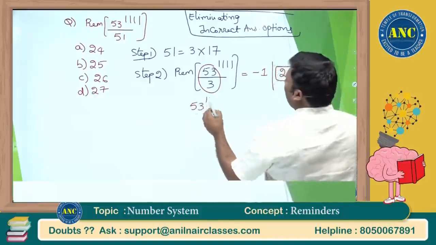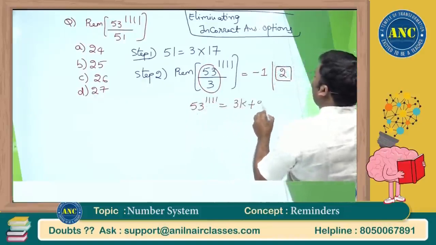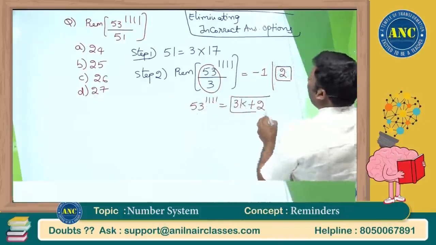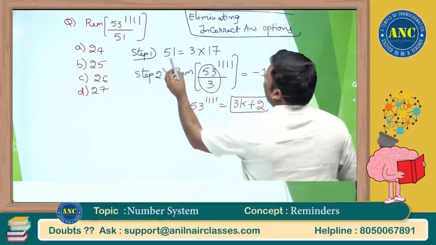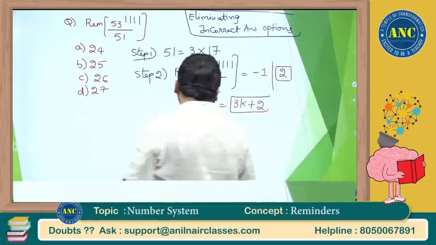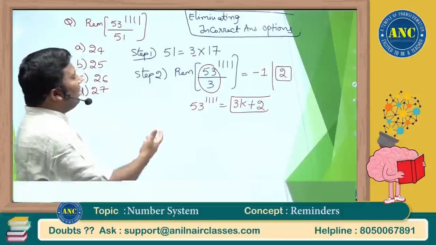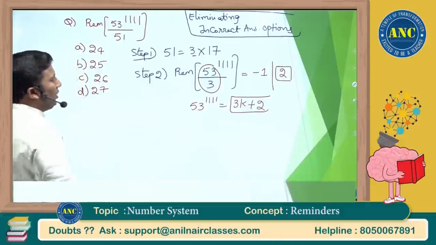So 53 power 11111 is of the form 3k plus 2. First I will do this: when divided by 3, the answer should be of the form 3k plus 2, and it gives a remainder 2.